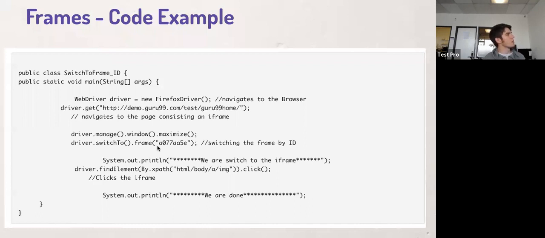Some of them may have identification locators, like IDs or classes or something else. So you just need to use switch to frame, and find the frame by its attributes, or find the frame by index. Because sometimes on a website there may be different frames, like 3 of them, and you will need to explicitly tell Selenium which frame you want to access, all right?